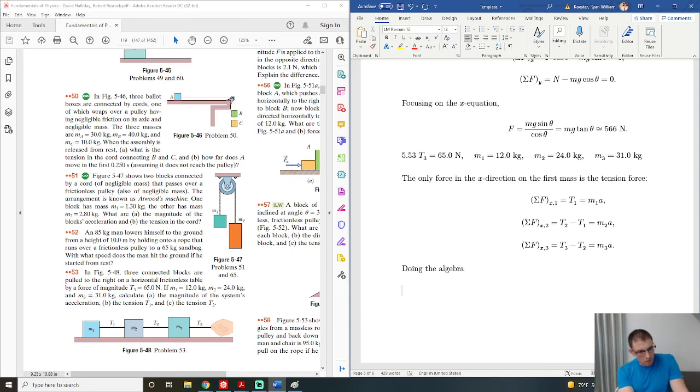So why does block 2 and 3 have 2 negative tensions? Let's see here, block 2, block 3. Well, remember 2 things about tension. Number 1, it can only pull. And also that the magnitude of the tension force is the same at all points along the rope.